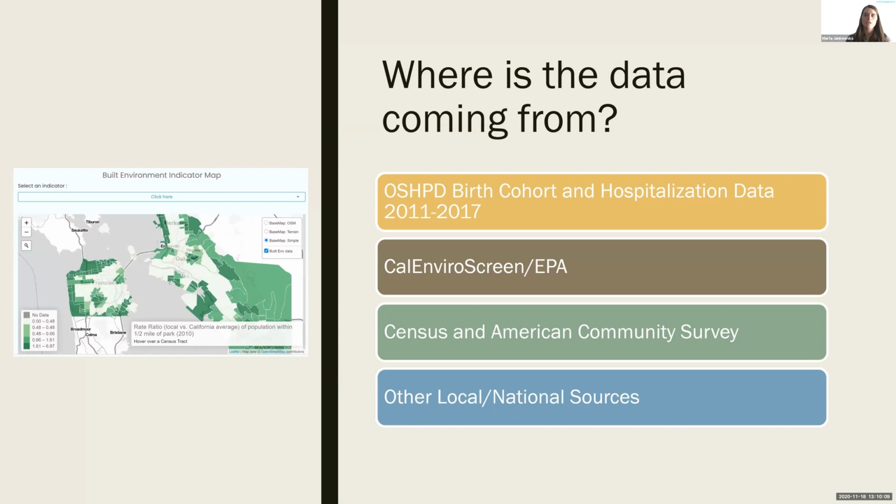So the data that we use for the site, and again, Jay will go a little more in depth into this, the crown jewel of the data is this OSHPD birth cohort and hospitalization data. So this is a California agency that basically every time a birth happens in a hospital, but even sometimes not in a hospital, every time a birth happens, it gets reported.